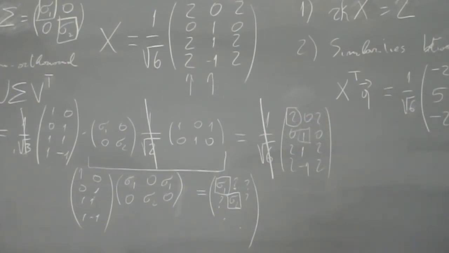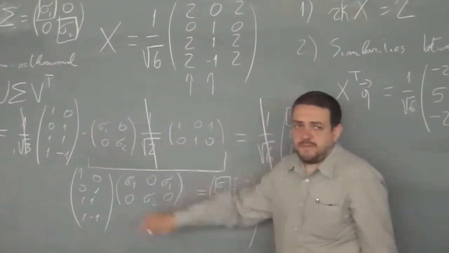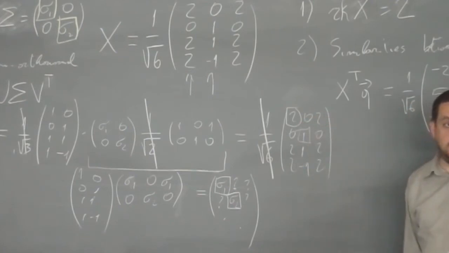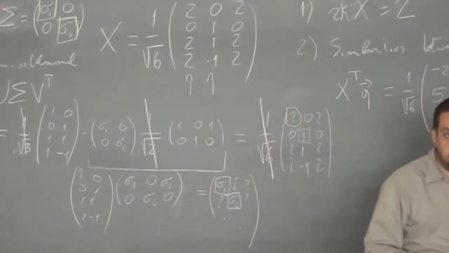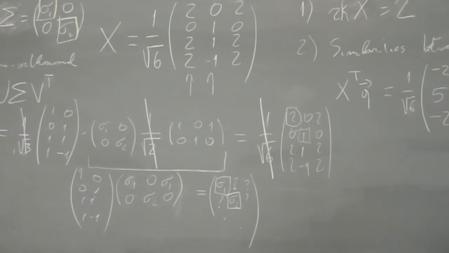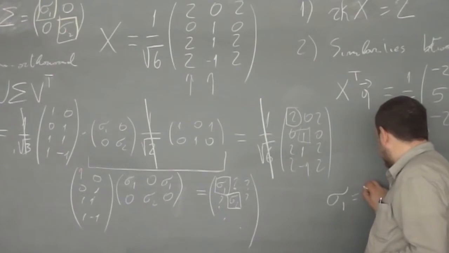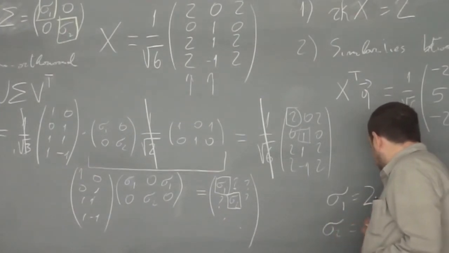If we want this product of matrices to equal this matrix, we just need to compute as many elements as needed to define all the unknown values, which in this case are sigma 1 and sigma 2. So at last we have sigma 1 equal to 2 and sigma 2 equal to 1.